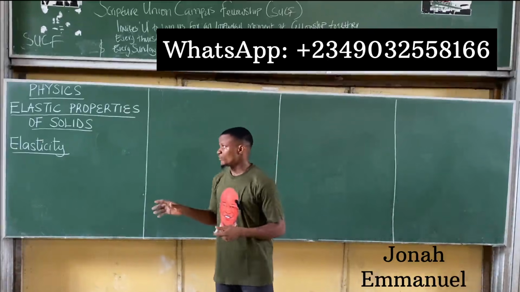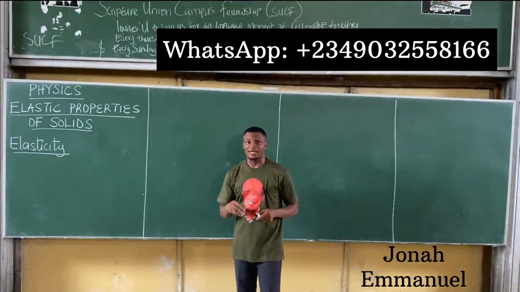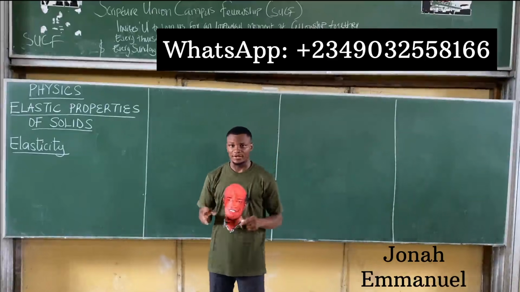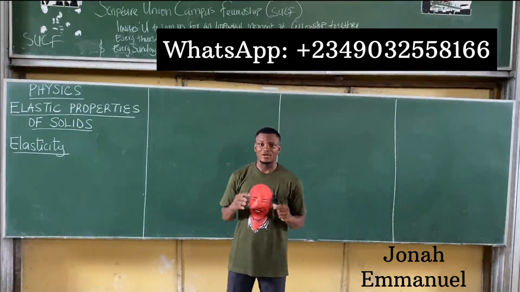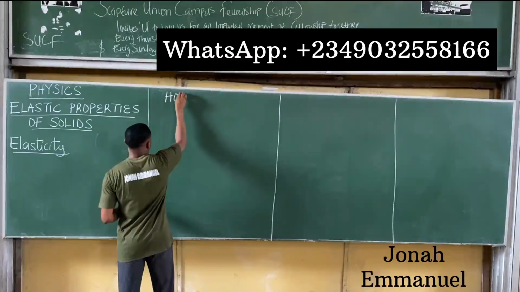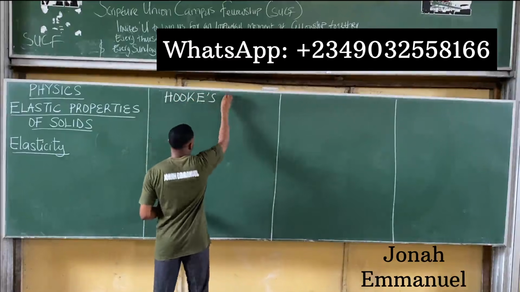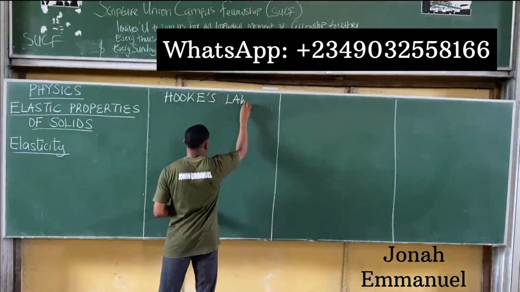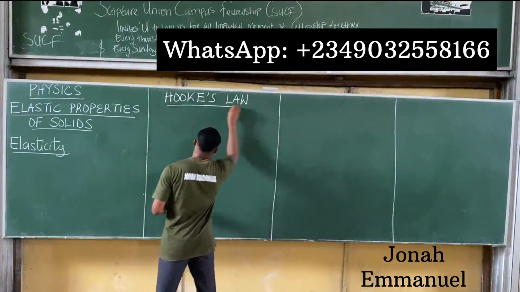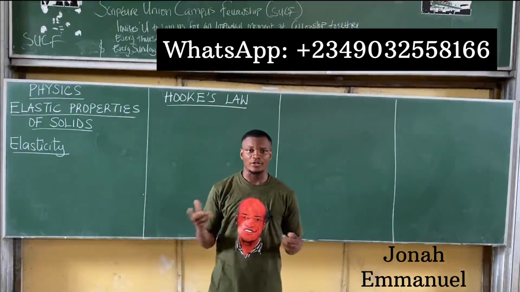So when it comes to the concept of elasticity or elastic properties of solids, there's a law that is very key. That law is known as Hooke's law. We cannot discuss the concept of elasticity without talking about Hooke's law. Hooke's law was propounded by a scientist called Robert Hooke.